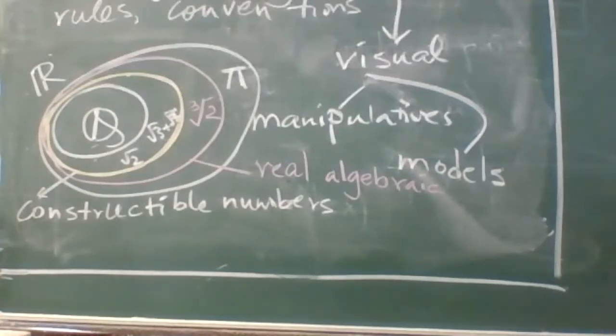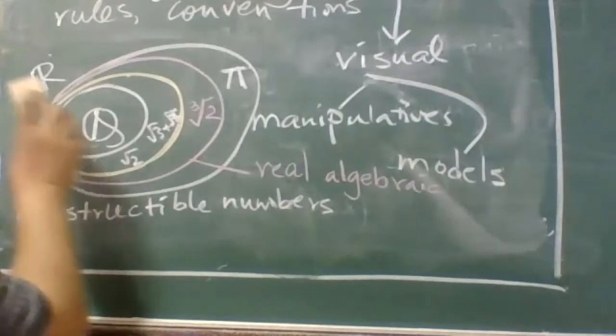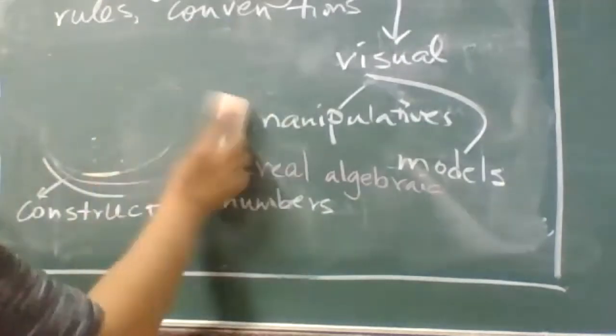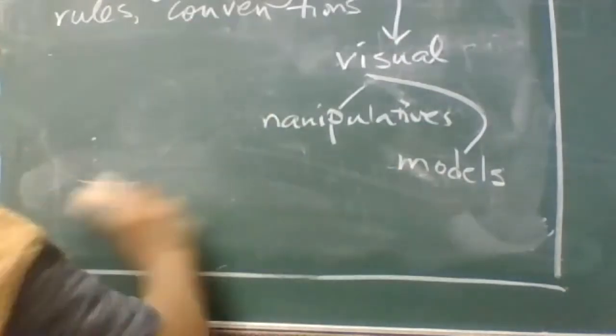It's a very typical 10th standard construction problem: draw root 15, or construct root 15, or construct root 37. These are very standard questions. It's explicitly not mentioned as constructible numbers, but the whole notion is there. So we'll get to that.